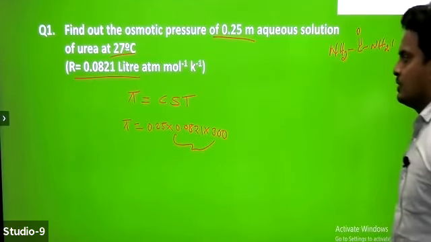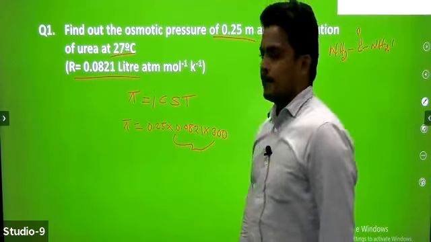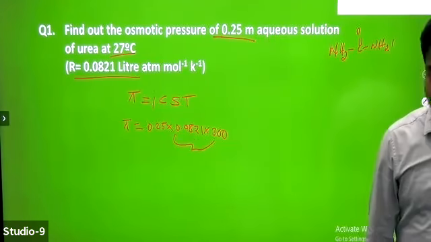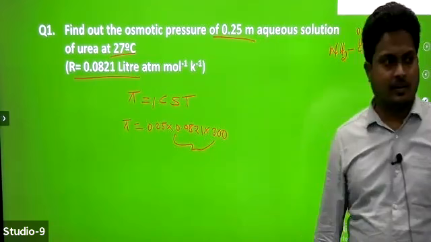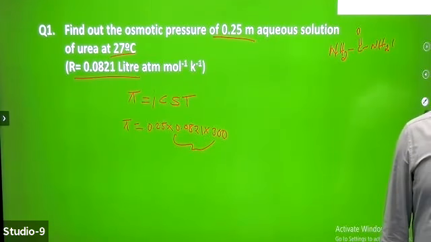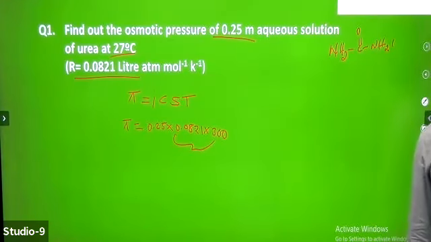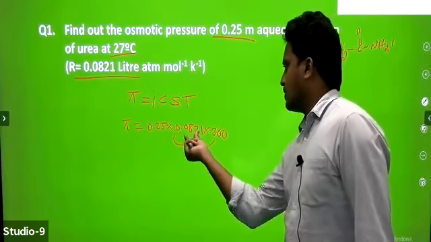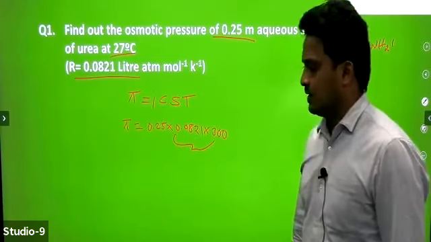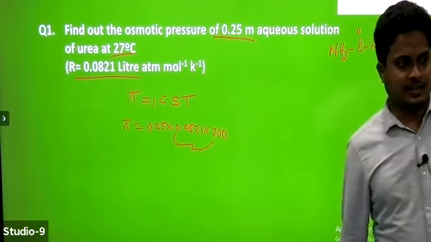Actually, it is pi is equal to i into CST. 6.15. No, I'm not asking the answer. I'm asking what is the value of 0.0821 into 300? Answer is 6.15, right?